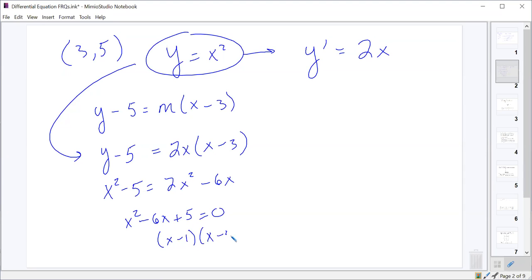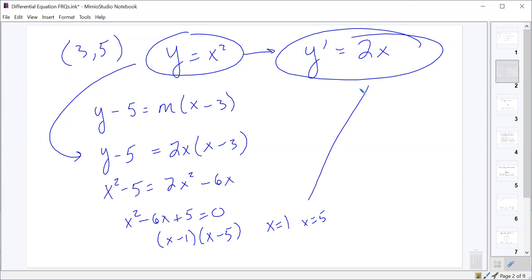X minus 1, x minus 5, which gives us x equals 1 and x equals 5. But those are not our answers, even though those are an answer choice, because our slope is 2x, so we got to plug those in to get slopes of 2 and 10. So the slopes of those are 2 and 10.